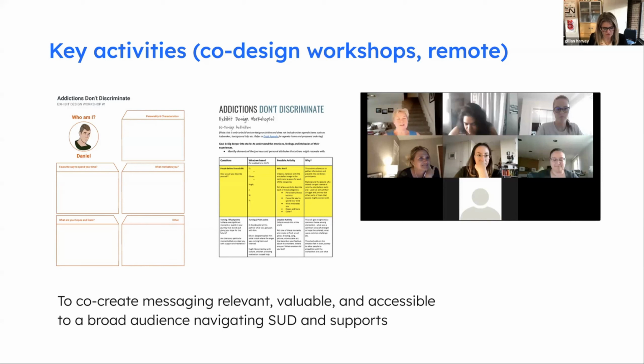We knew that co-design was going to be very important in engaging marginalized groups and communities that had lived experience and typically use non-traditional knowledge forms like narrative to tell a story.